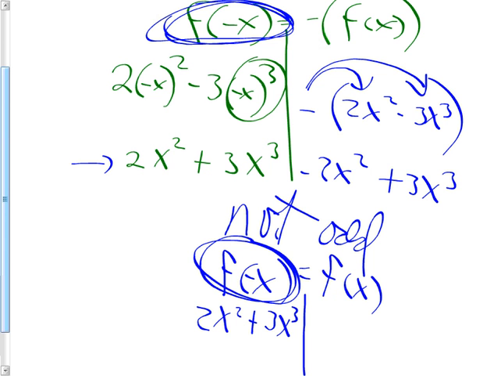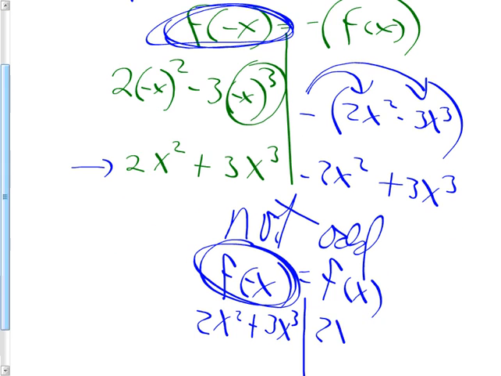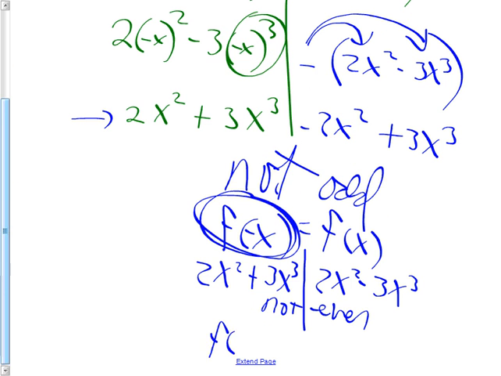I just take plain f of x, which is given to me in the original problem. 2x squared minus 3x cubed. And I ask myself, are these exactly the same? No, they're different by one little sign, and therefore it's not odd, and it's also, I just figured out, not even. And therefore, the function is neither.